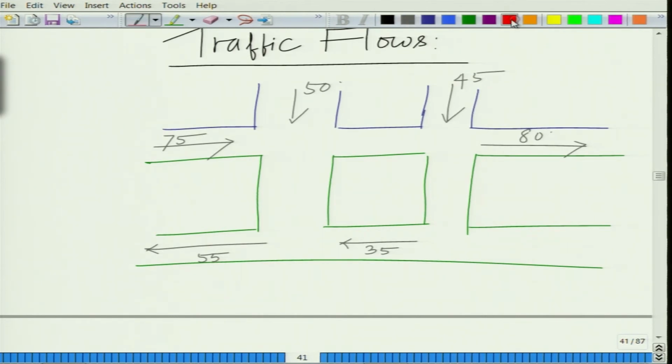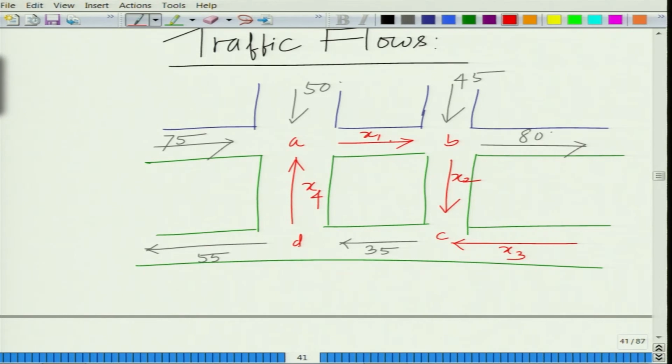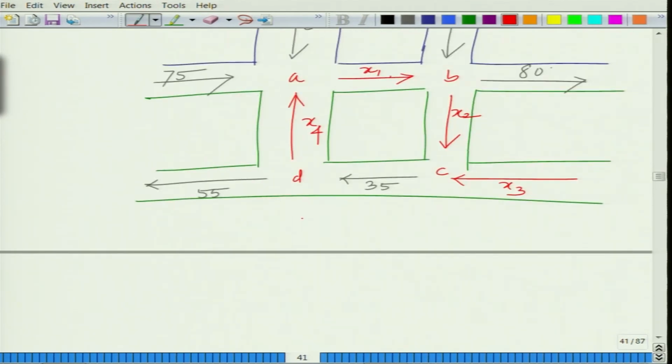Now, let us denote the unknown flows. For instance, this is the first flow x1, x2, x3, and this is the unknown flow x4, and these are the intersections A, B, C, D. Now, we need to find the traffic flows.